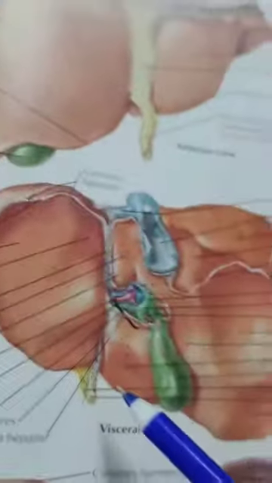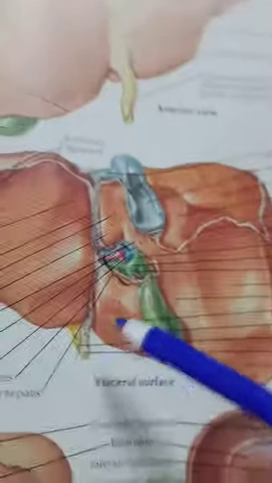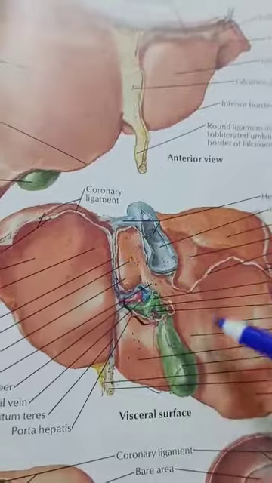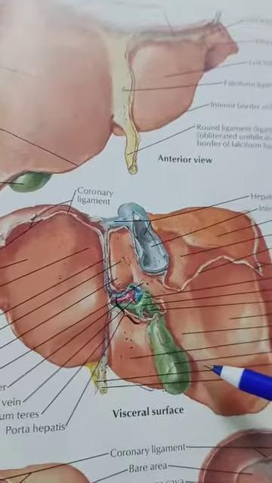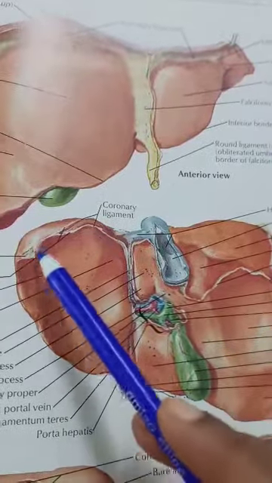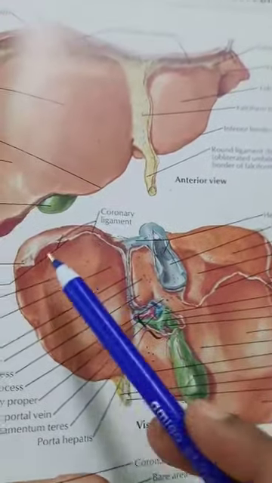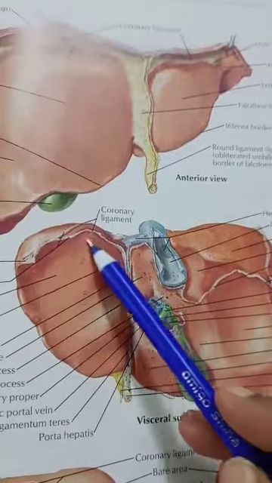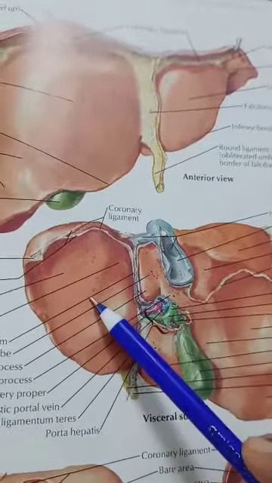Then the posterior and inferior relations we are telling as common, because these two surfaces are continuous without any border. From here we can start. This is the gastric area, meaning this is the left side and this is the right side. This portion is related to our stomach, so this area is known as the gastric area.